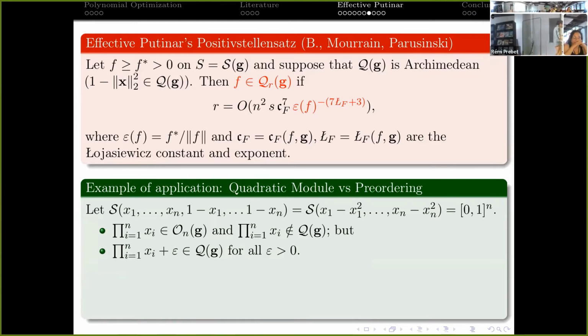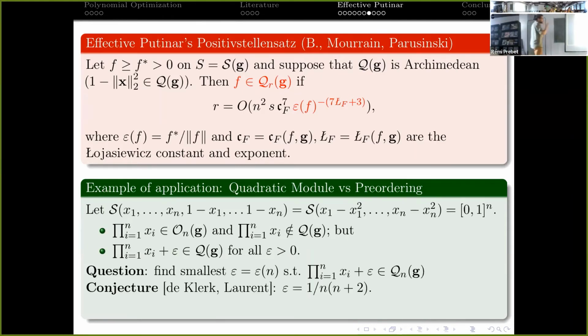On the other hand, by the Positivstellensatz, we know that the product of the xi plus epsilon belongs to the quadratic module. So in some sense, comparing the preordering and the quadratic module reduces to finding the degree that you need to represent this polynomial. And so it is a question to find the smallest epsilon such that the product of xi plus epsilon belongs to some fixed order.